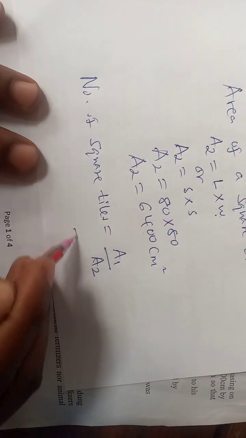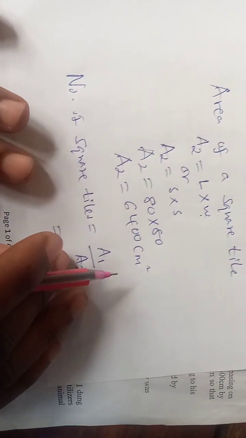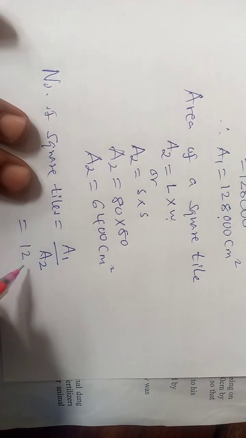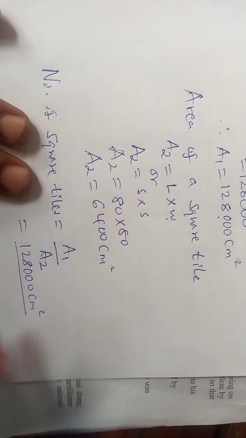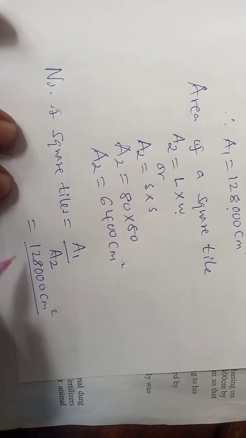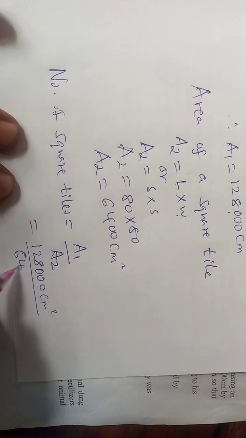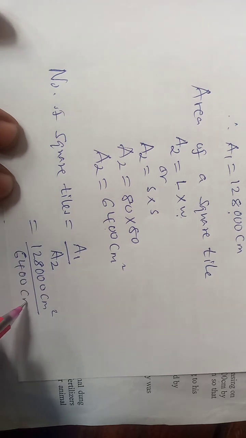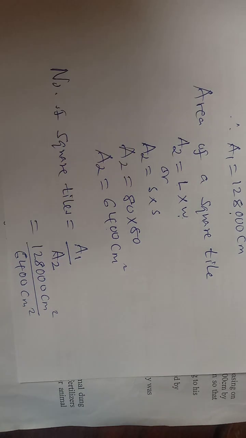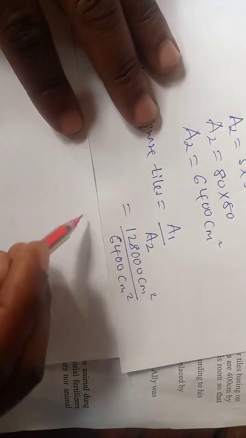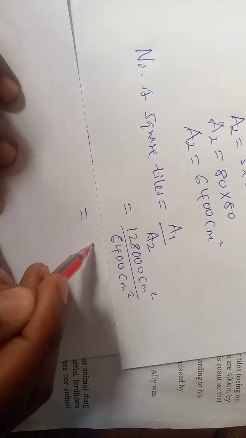So we take the area of a room which is 128,000 centimeters squared, dividing by the area of a square tile which is 6400 centimeters squared. Now let us divide. When you divide here, the answer will be equal to what?